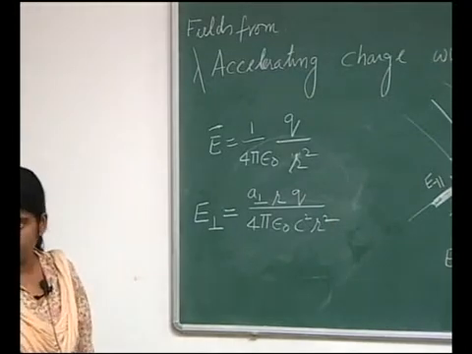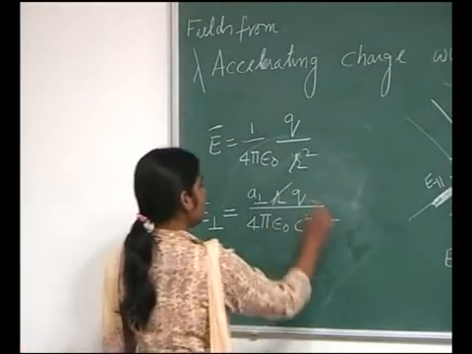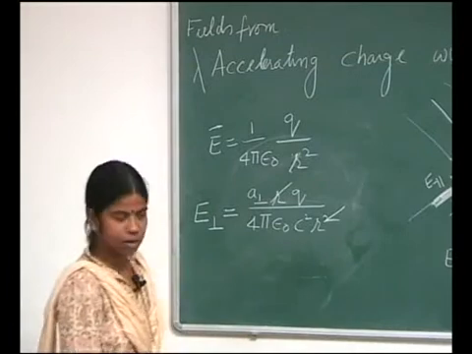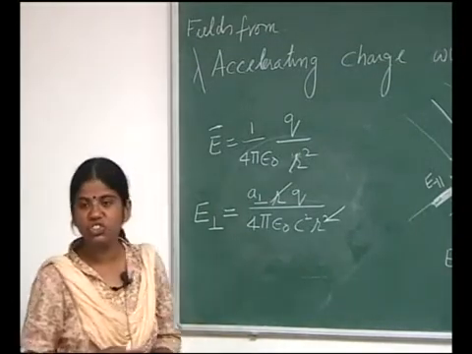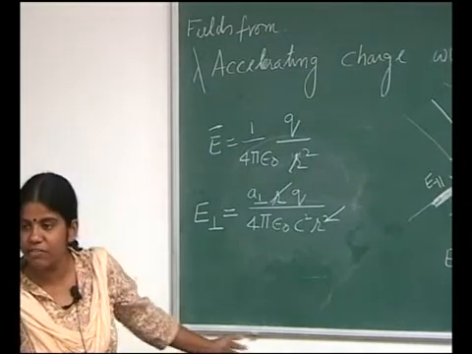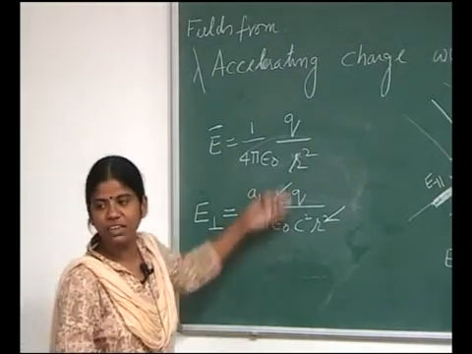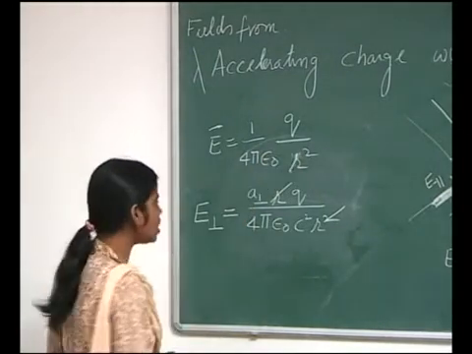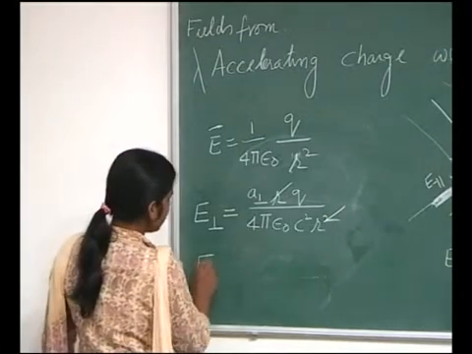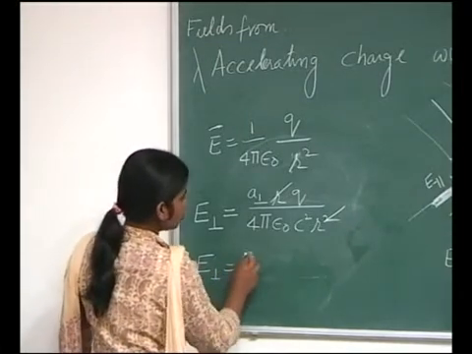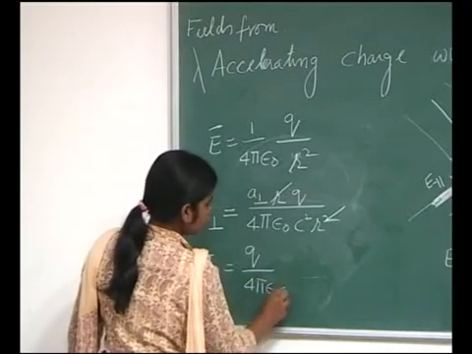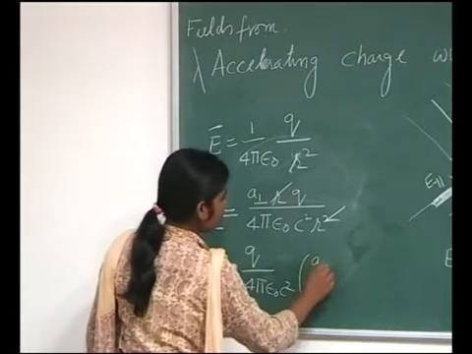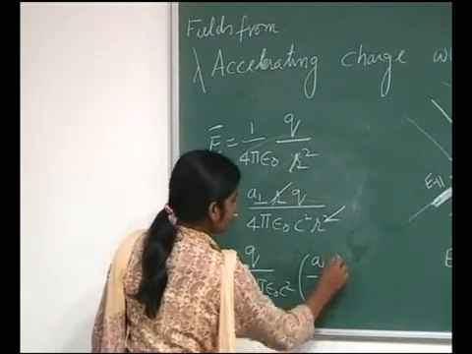Okay. So, what do I do? I remove this r, and I see a dramatic change in the way electric field behaves for an accelerated charge and a stationary charge. The change is that E perpendicular is equal to q upon 4 pi epsilon 0 c square into A perpendicular divided by r.